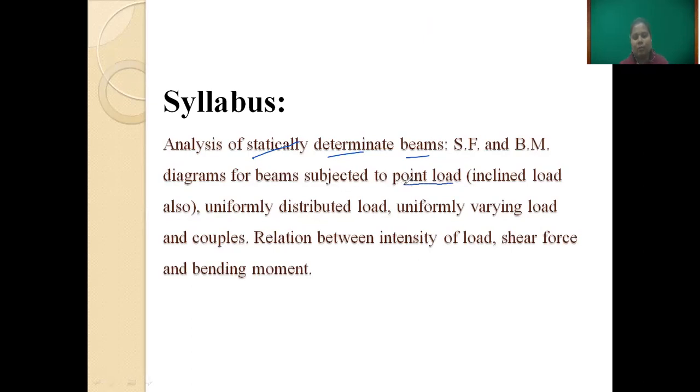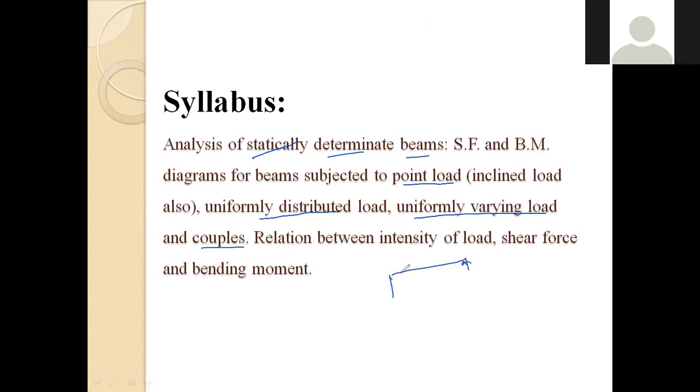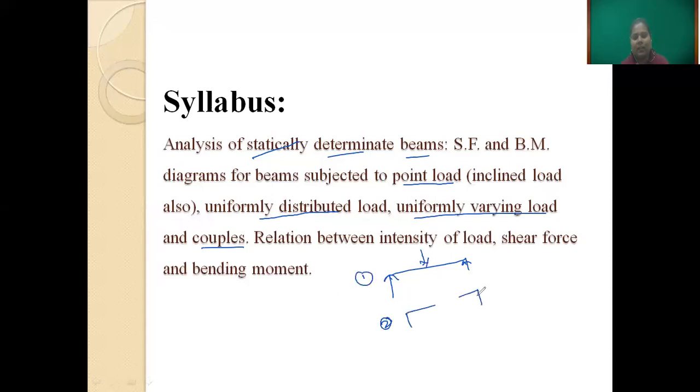First point is point load, second is uniformly distributed load, third is uniformly varying load, and couples. Suppose we have taken this beam and this load is applied. This type of load is called a point load. Then second, suppose this is the beam AB. On that beam this type of load is applied. This is called a uniformly distributed load.